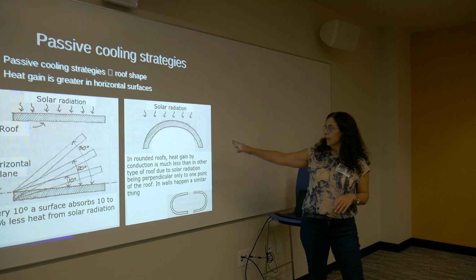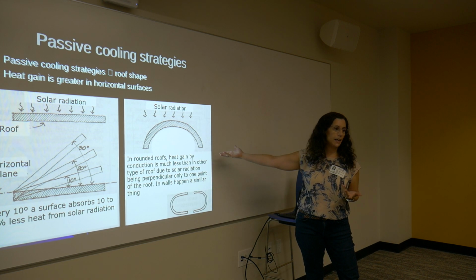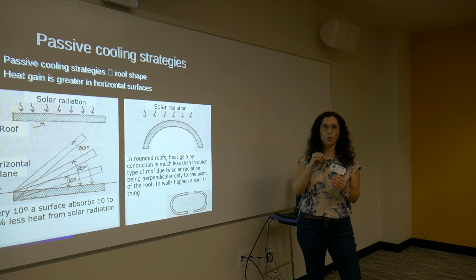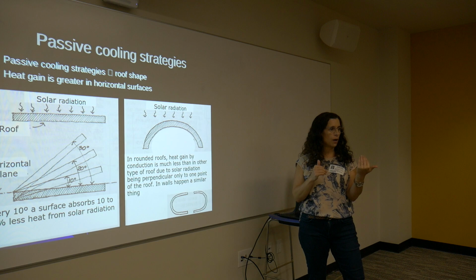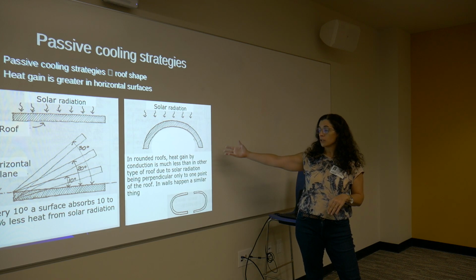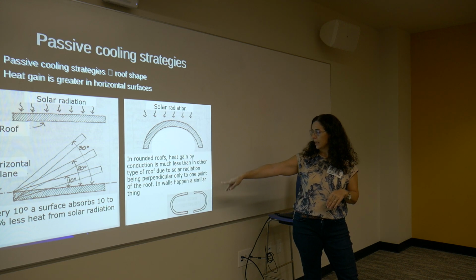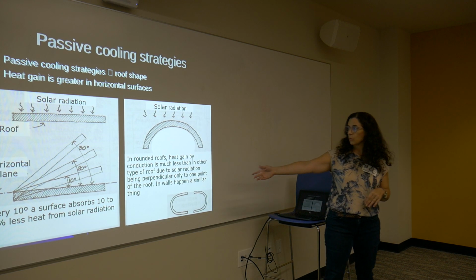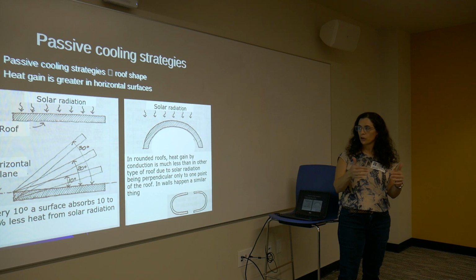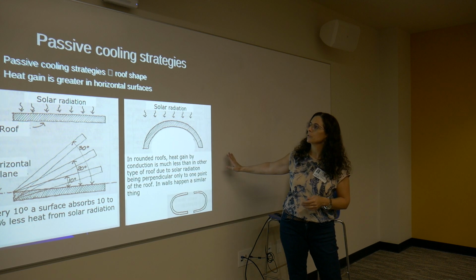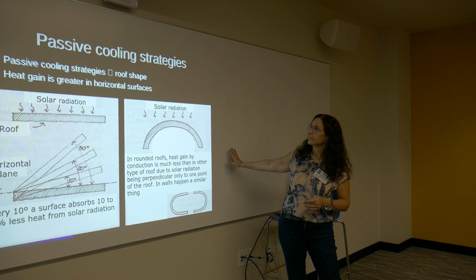Round roofs are ideal because there's just one moment when the sun is hitting at the same angle, so that helps even more to avoid excessive heat. The same is true with the walls. Everything that is curved helps to avoid that much overheating.